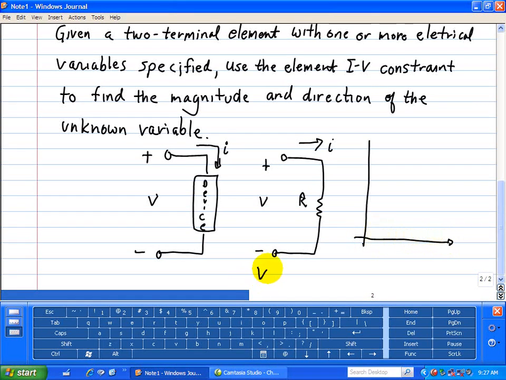That is, V is equal to IR. We can think of R as a proportionality constant, such that when my current is increased, my voltage is increased, and when I double my voltage, my current is doubled.